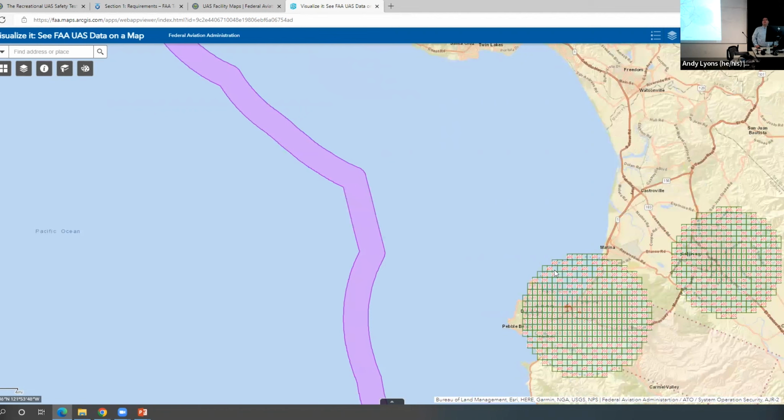The question was, what about flying near tall buildings or structures? And I'm assuming you mean within the controlled airspace. Within the controlled airspace, there is no difference in terms of the altitude restriction.